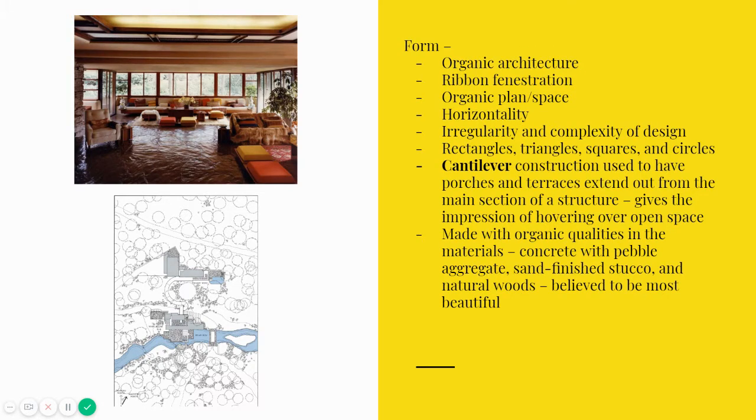The cantilever construction is what is utilized quite a bit in the prairie style. And what that means, the cantilever construction, is when you have beams that jut out beyond the space to then create overhangs.